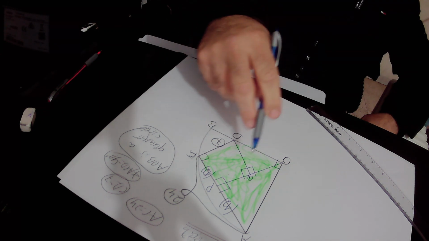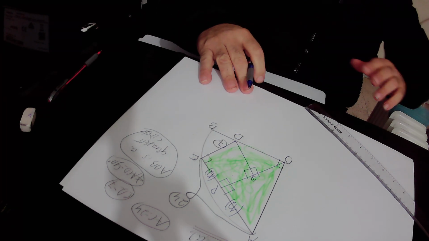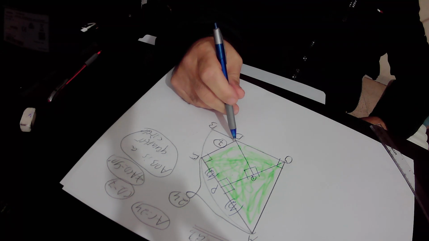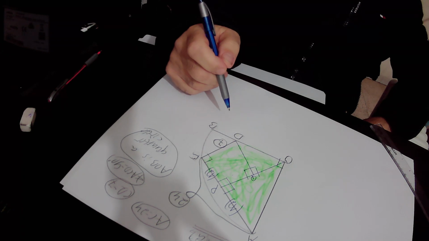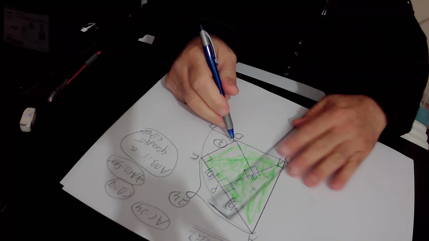Inside quadrilateral DQPC, we have 1, 2, 3 right angles. The sum of three right angles is 90 times 3, that is 270 degrees, plus the size of the fourth angle. In total, it must equal 360 degrees, according to the rule that the sum of the angles in any quadrilateral is 360 degrees. Therefore, the missing angle here must be equal to 90 degrees.